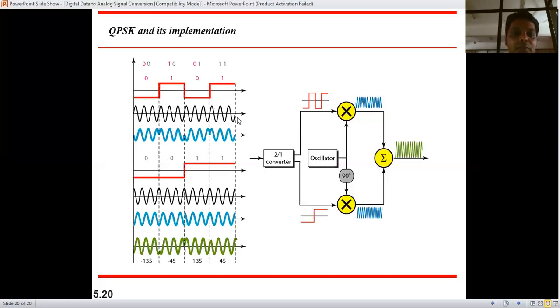The only difference between these two carrier signals is that the second carrier signal is phase shifted by 90 degrees. The result of multiplexing these two carrier frequencies for this digital data representation is nothing but the modulated analog signal, which will be transmitted across the transmission medium.